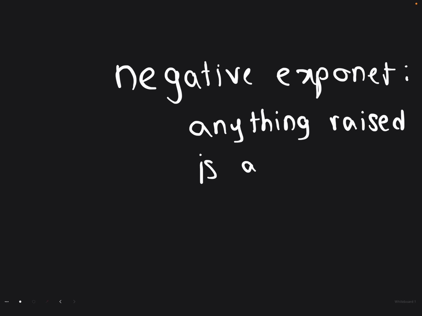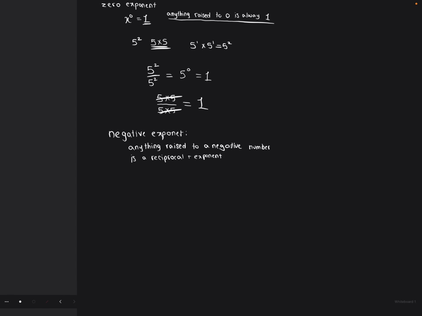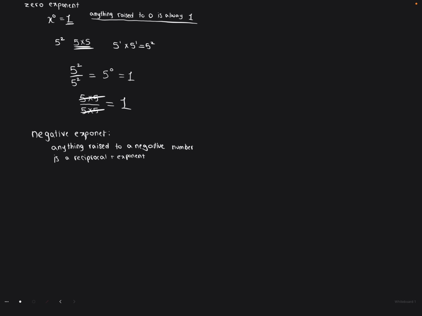This is really bad wording here. I don't know how I could word this any better, but I'll be showing you guys what I mean. So anything raised to a negative number is the reciprocal, and the exponent.